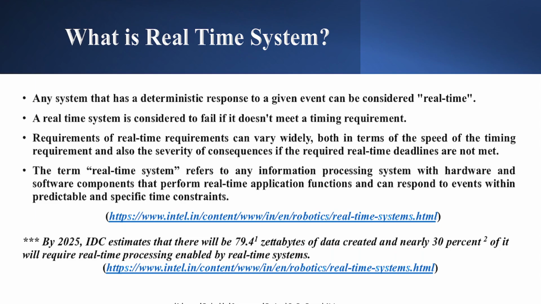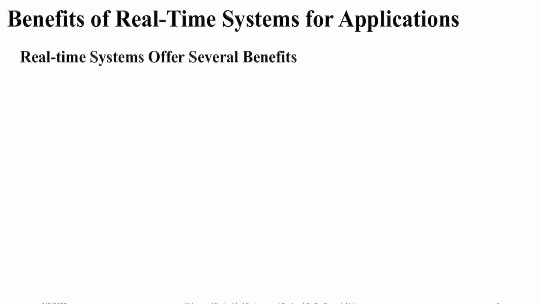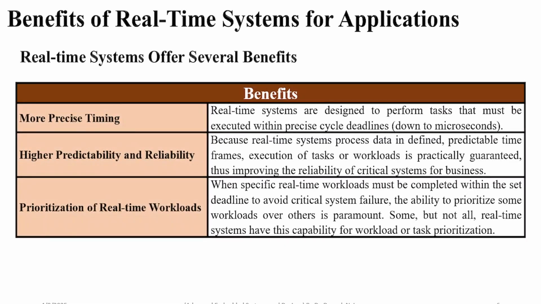Now coming to the benefits of real time systems and their applications. First of all, real time operating systems provide very precise timing. Such systems will generate an output within a specified time period, or we can say within precise cycle deadlines.